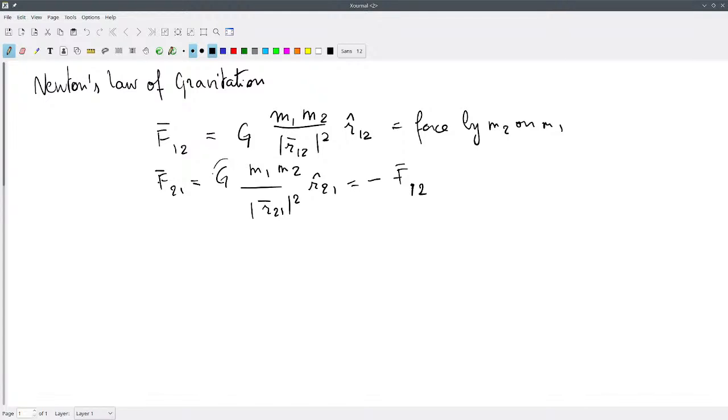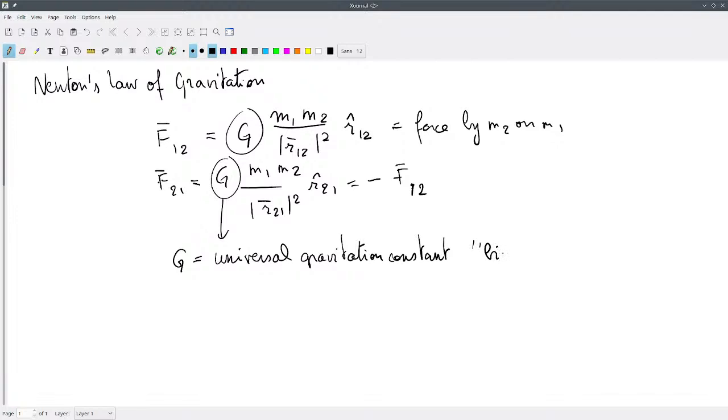So there's of course a constant here. This constant G is the universal gravitation constant, also called big G, in contrast to small g, which is the 9.8 meters per second squared.